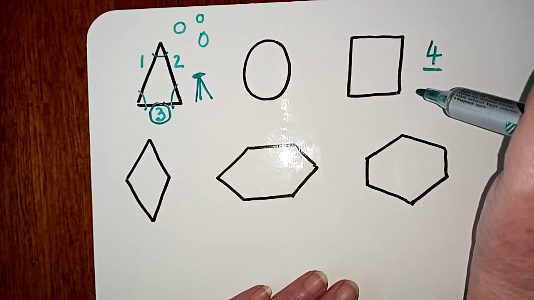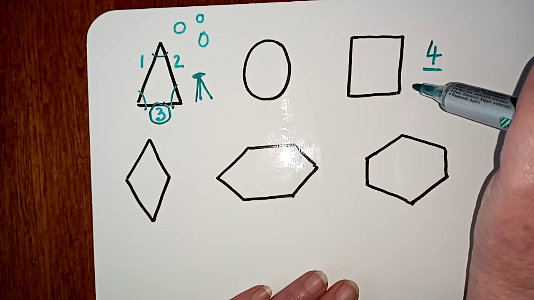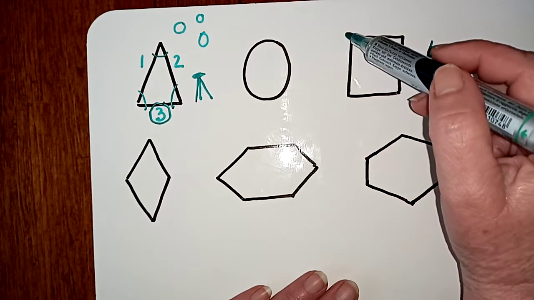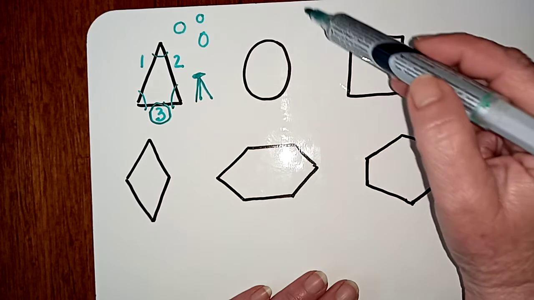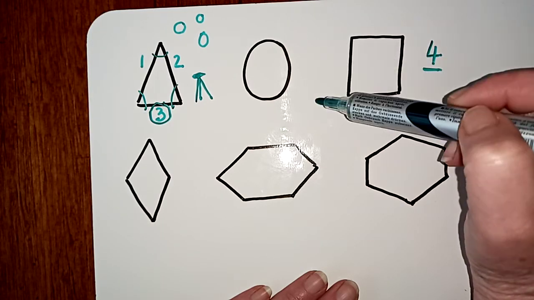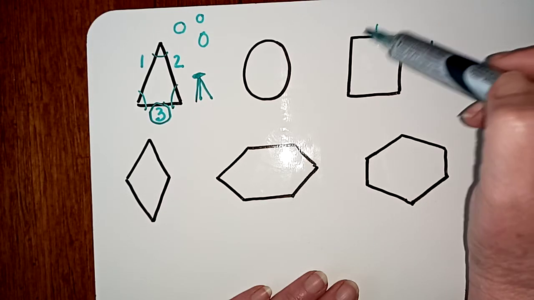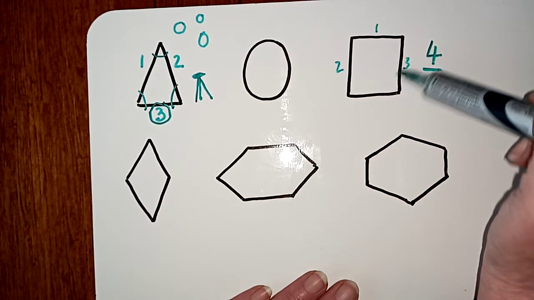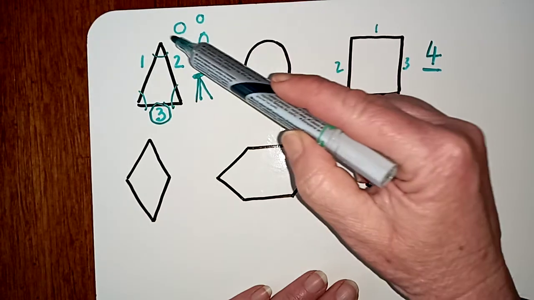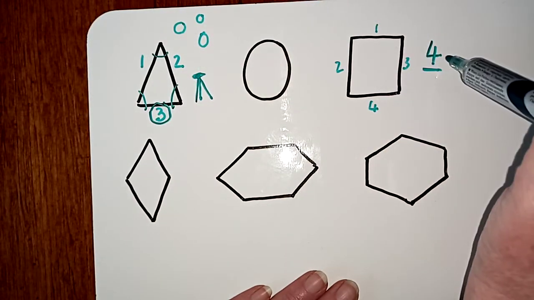The quad next to the swimming pool, just outside the high school classes, where those steps are by the tuck shop, that's a quad. 4 sides, 1, 2, 3, 4. So tri means 3 and quad means 4.